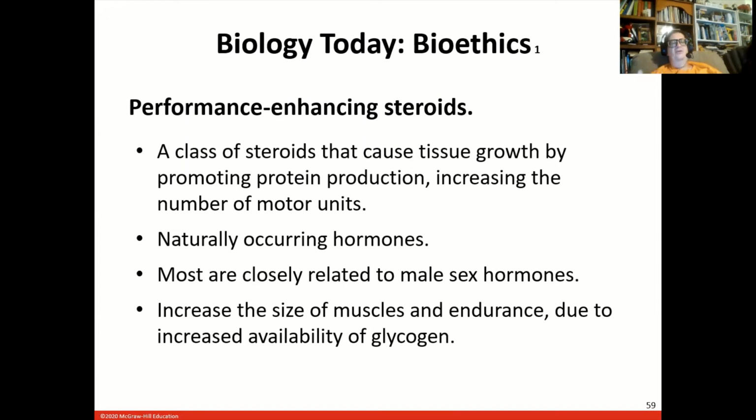That could let us grow more motor units. That is an anabolic steroid, okay? We're talking about steroid hormones that occur naturally, and it says most closely related to male sex hormones. They're talking about testosterone and the other androgens.